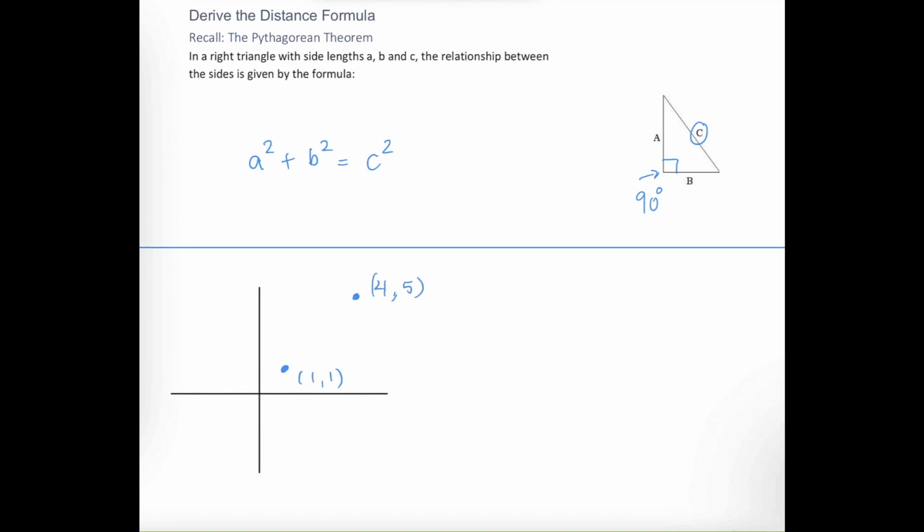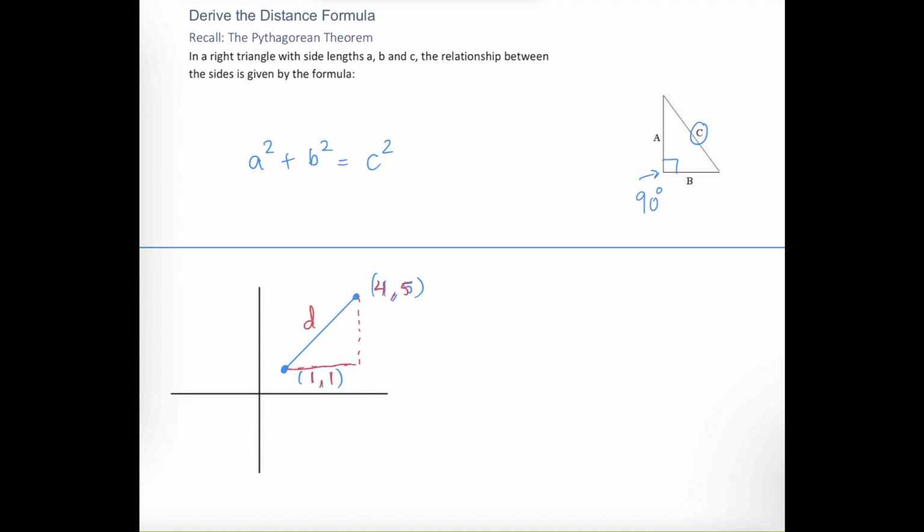And we're going to figure out what the length of this line segment should be. And in order to do that, we'll create a right triangle such that our hypotenuse side is the length of that line segment.